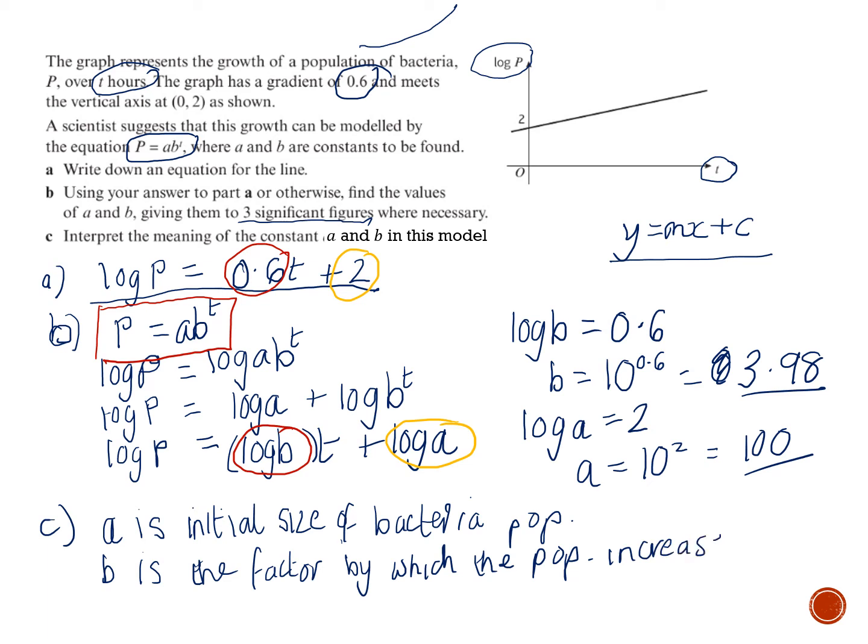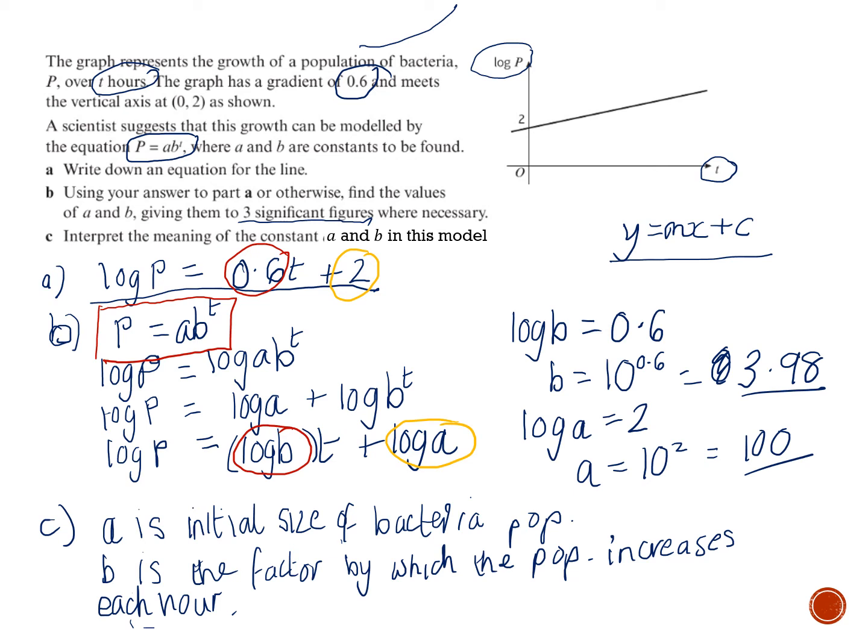Now be really specific, because as T goes up by 1, that is each hour. So do write that, because the examiner might be really harsh and deduct your mark because you've not been specific as to by which the population increases over each period of time. Okay, so we can see from that that A is our initial value and B is a factor by which it increases each hour.